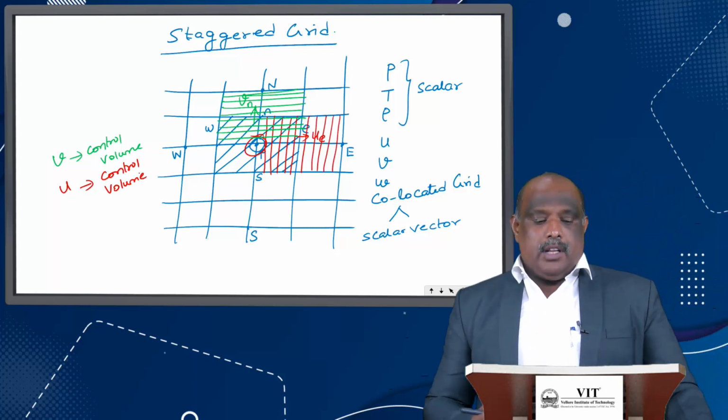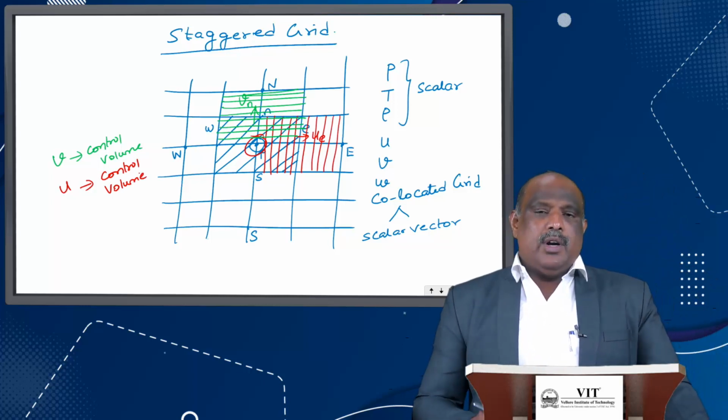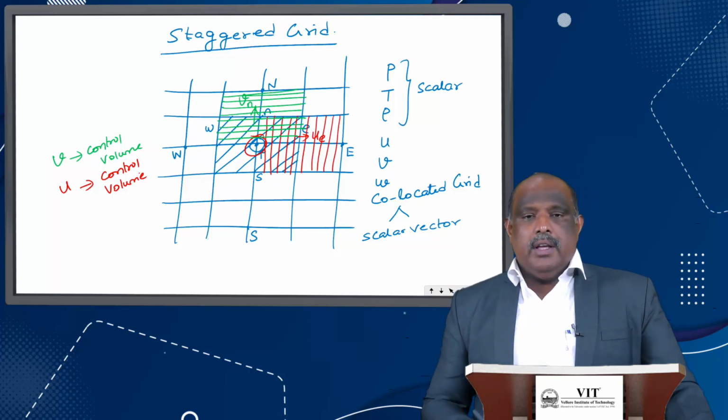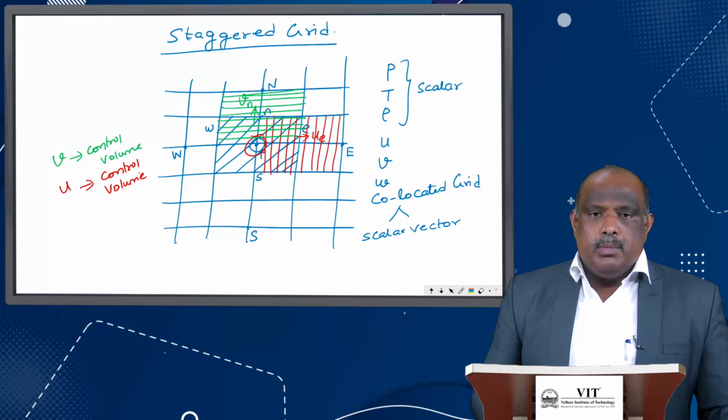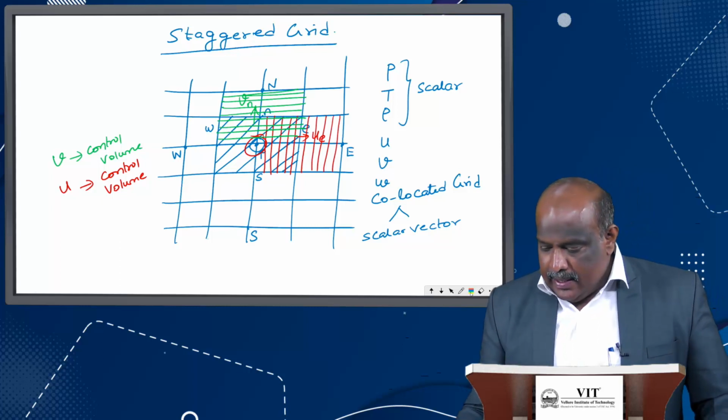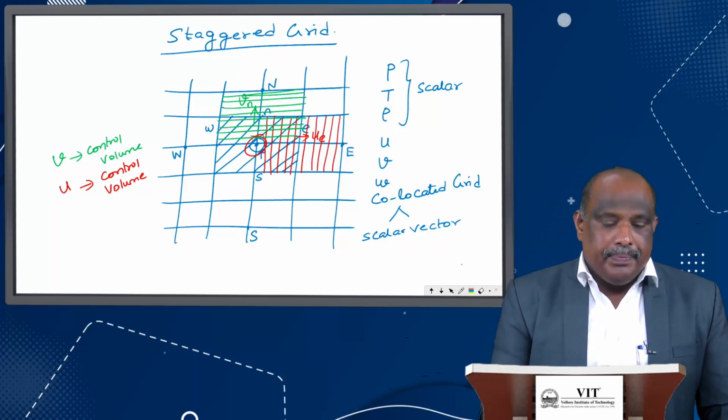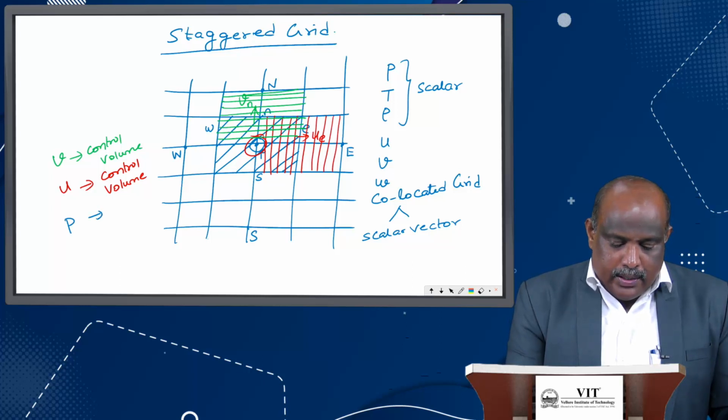If it is 3 dimensional, there will be a W control volume also, but it is easier to understand the concept in 2D, and hence we have restricted ourselves to the U control volume and V control volume. What is the one more control volume? Yes, you are right. The P control volume, or the main control volume.